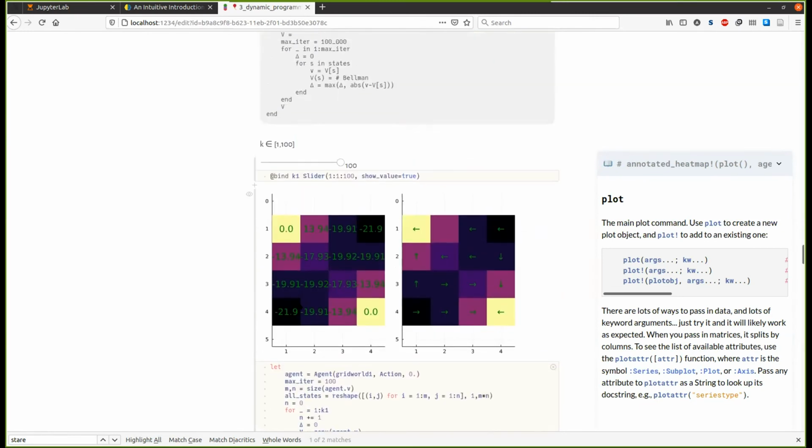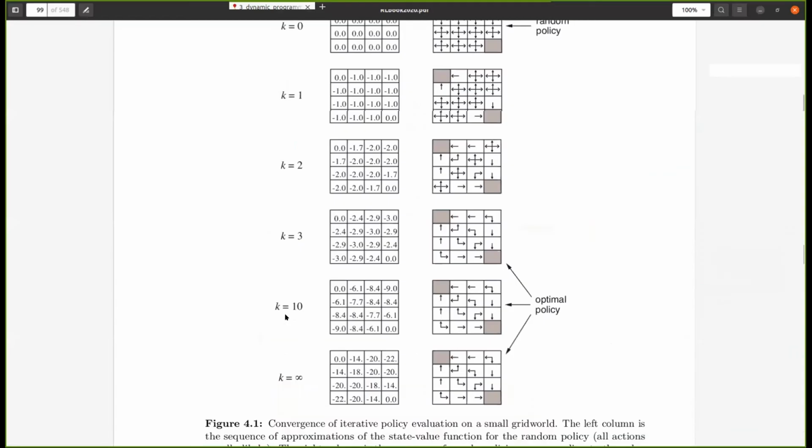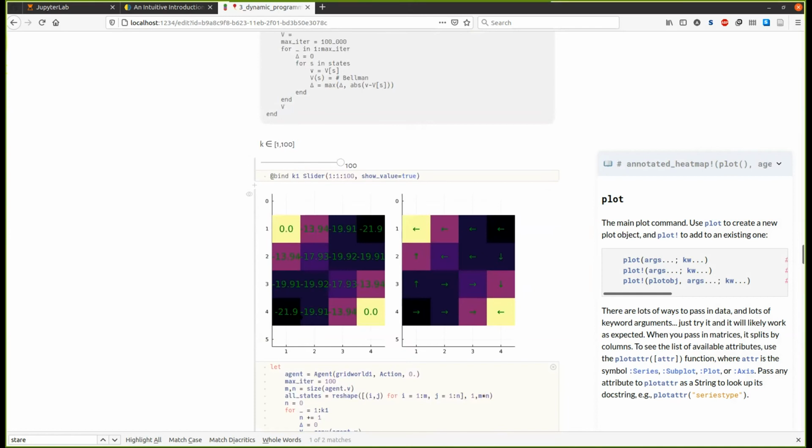To converge to optimal, to really estimate the optimal value functions exactly, you can see that it's approaching it, but the value function is estimated exactly only in the limit, right, to infinity.